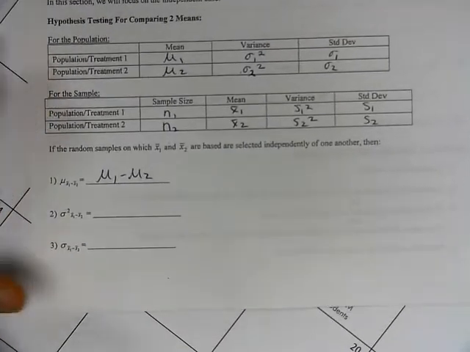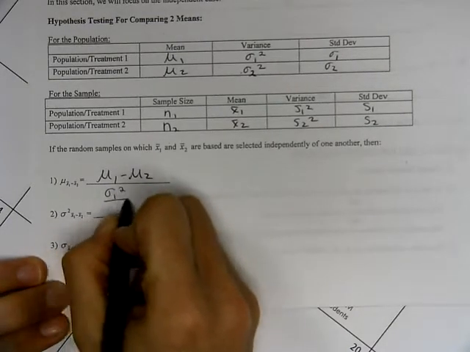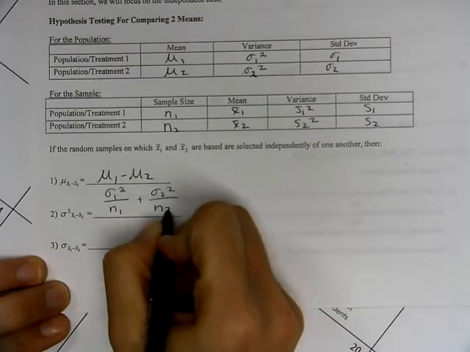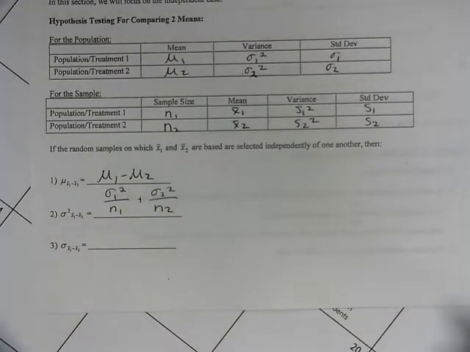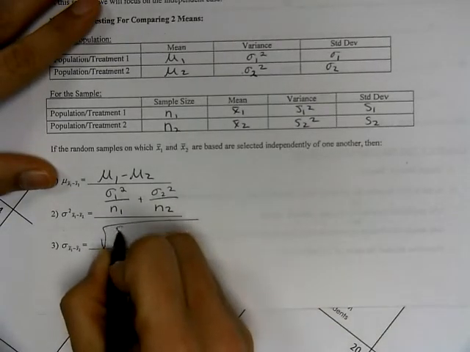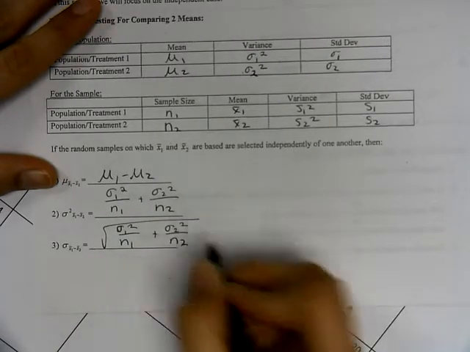The variance and the standard deviation look a little funky. The variance is sigma 1 squared over n1 plus sigma 2 squared over n2. So this is your standard deviation: the square root of sigma 1 squared over n1 plus sigma 2 squared over n2.